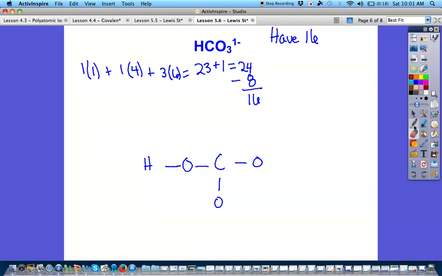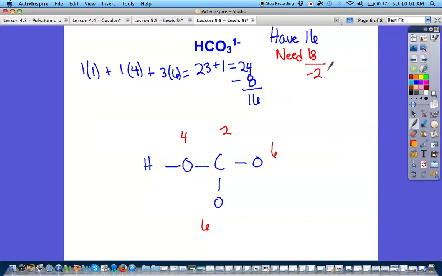This oxygen has 4, so it's going to need 4. This oxygen has 2, so it's going to need 6. This oxygen has 2, so it's going to need 6. Carbon has 2, 4, 6, so it's going to need 2. So 6 plus 6 is 12, plus 6 is 18. So we have 16, we need 18.